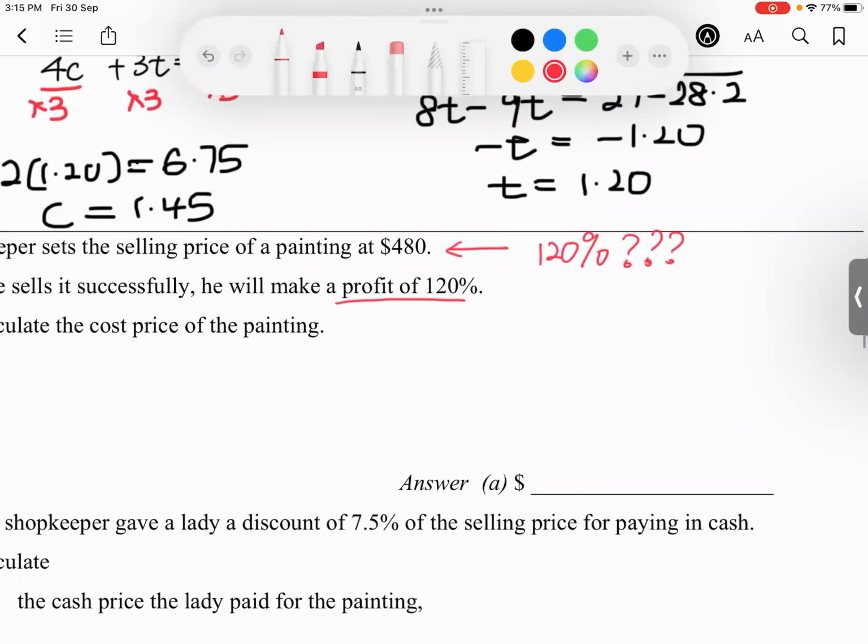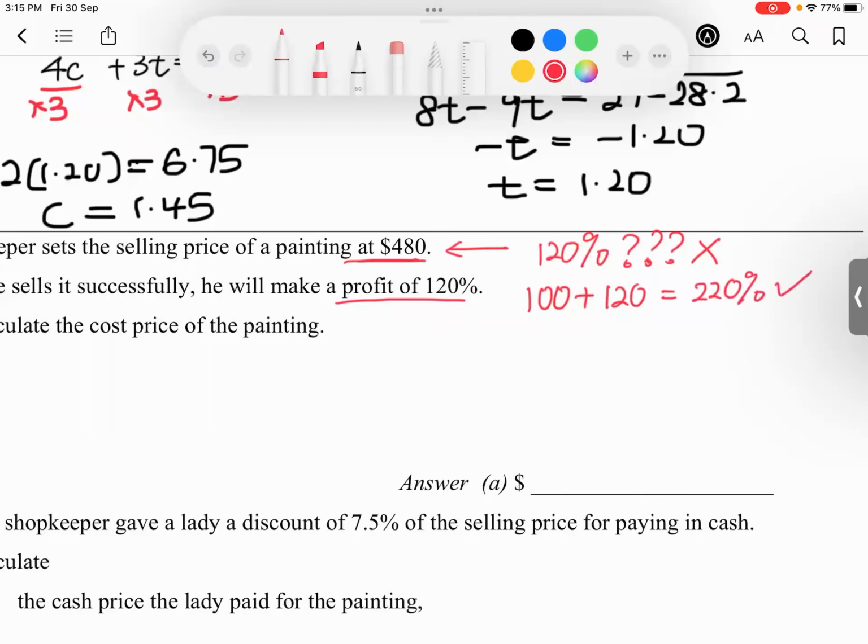Who say yes? This one is not 120%, huh? Okay, why? Because this selling price includes the profit. That means this one is not 120%. It should be 100 plus another 120% of the profit to give you 220%.